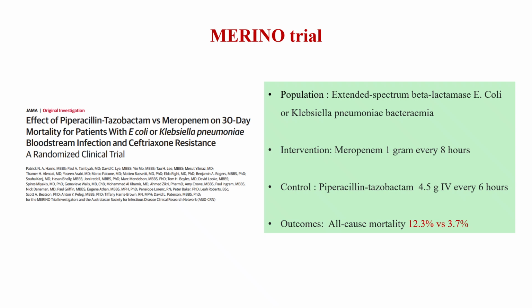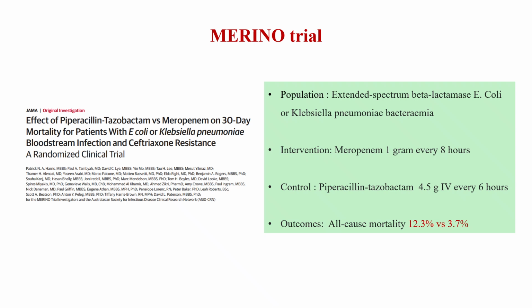We have already discussed that tazobactam is a suicidal inhibitor, so it is prone to inoculum effect. If the bacteria is producing very high amounts of extended spectrum beta lactamases, the tazobactam might not be enough to protect piperacillin. At the same time, there are some PK/PD differences between piperacillin and tazobactam.